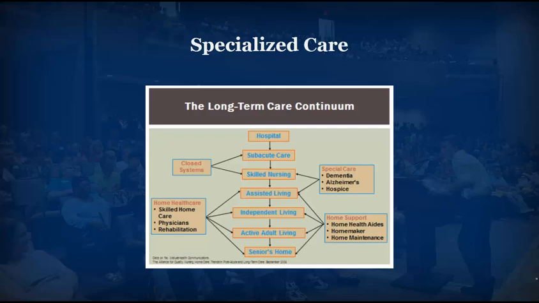We would send a home health wound nurse to your home. Alzheimer's patients may be in specialized care, along with those that have some type of intensive rehab that they need. We'll see closed head traumas in specialized care, as well as patients who may have different types of diseases like HIV and AIDS.